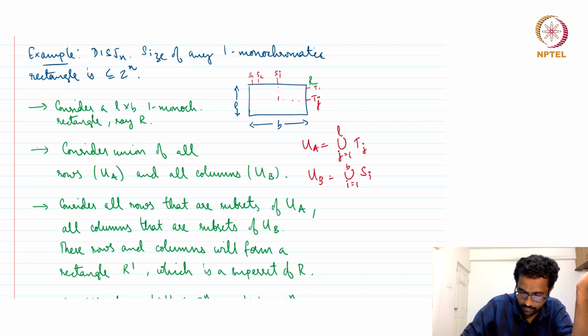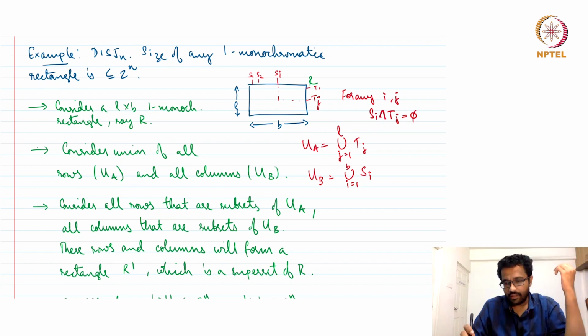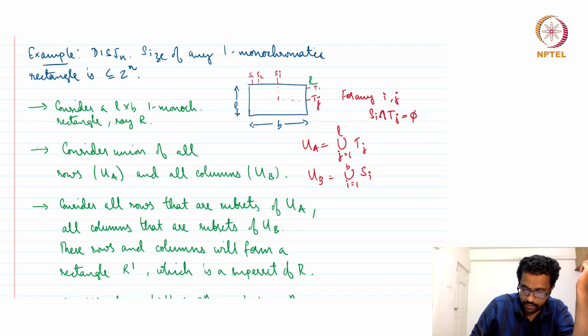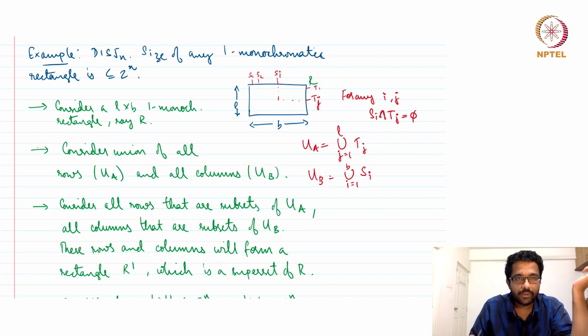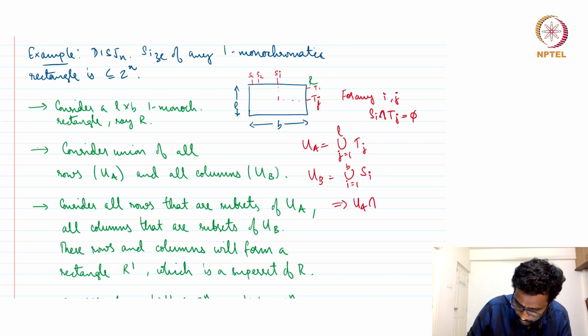This is a one monochromatic rectangle, so for any i, j, Si and Tj are disjoint, right? So it should be the case that even for the union, the union of the rows should be disjoint from the union of the columns, because any one of these is disjoint, so the union also will be disjoint.